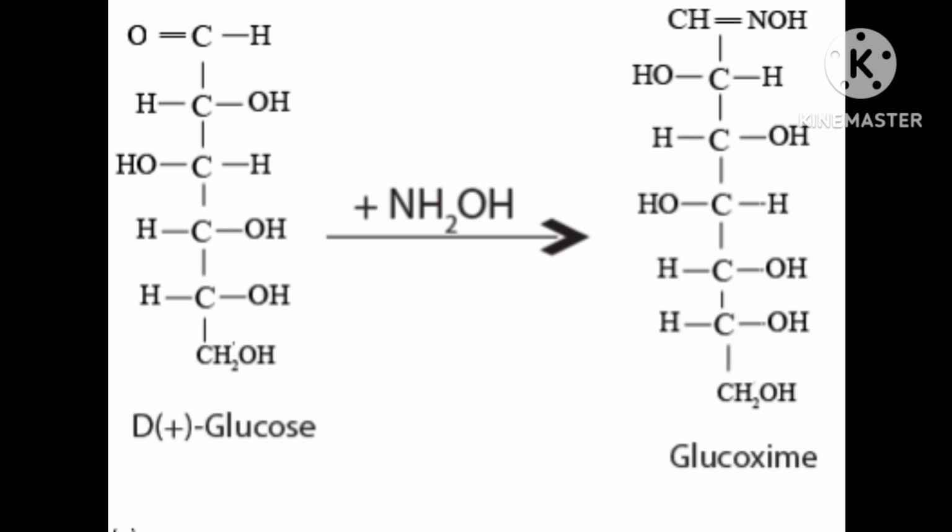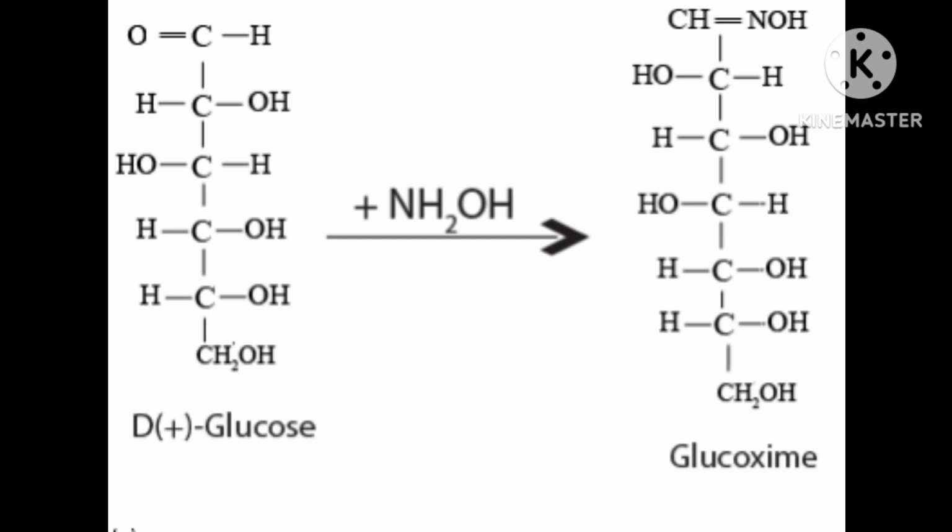Then O will take negative charge and carbon will become positive. Correct? When the double bond becomes a single bond, the oxygen takes the electron and becomes negative, and carbon becomes positive. Then here positive carbon and negative CN, H plus CN minus.